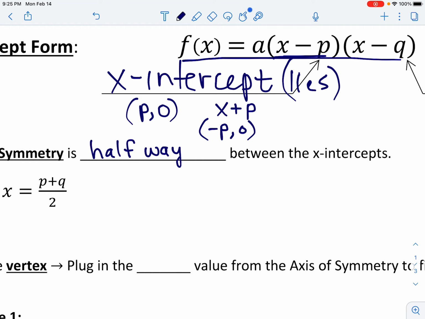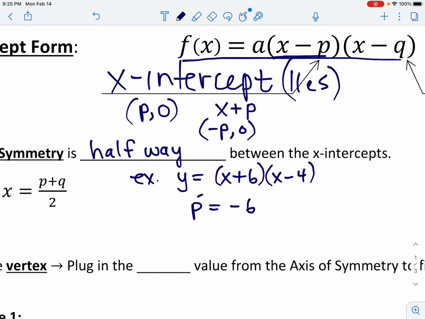So if I give you an example, we have y equals x plus 6 times x minus 4. My p is going to equal negative 6 because it's the opposite of what's inside the parentheses.